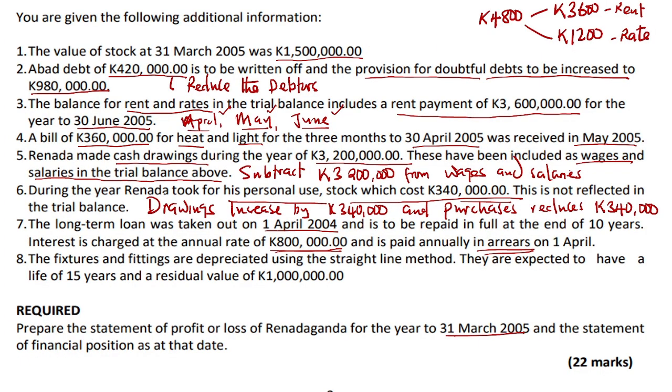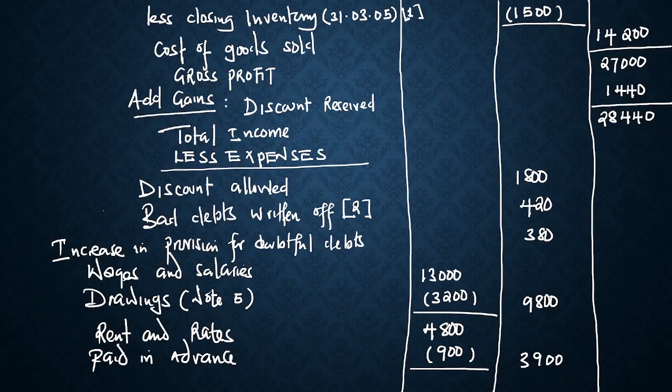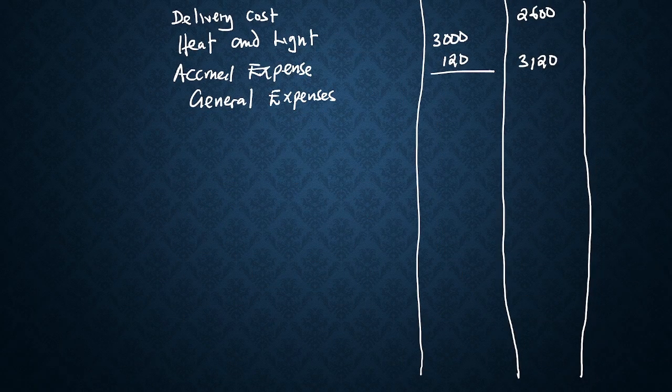Then also let's take note of number 7. We've got a loan there, which will be paid in arrears. So it's also an accrued expense to be entered there in the profit and loss and also in the balance sheet. $2,200.